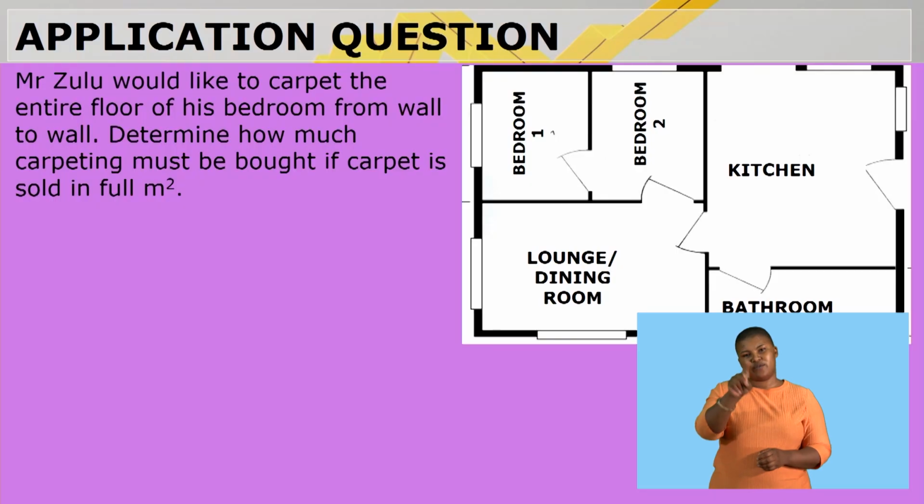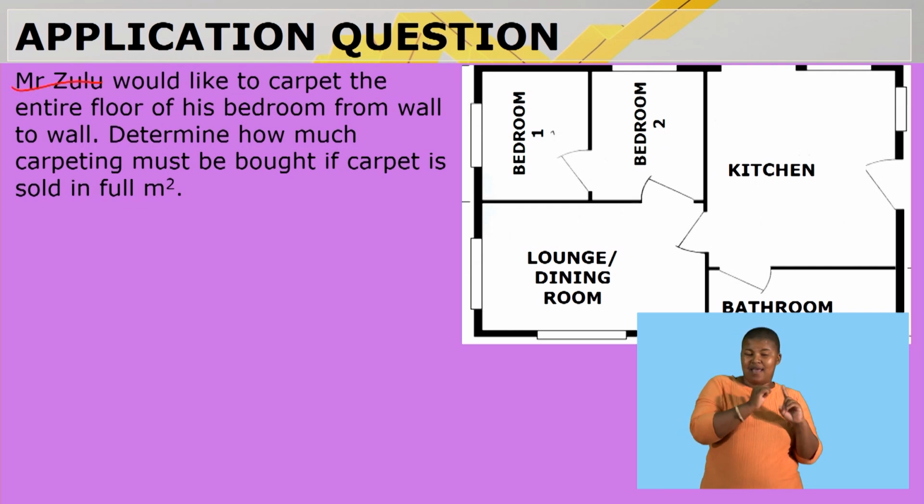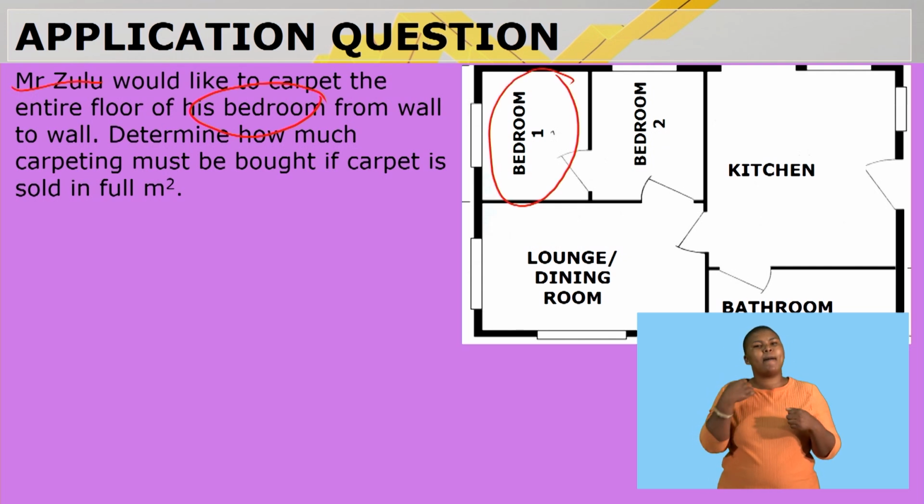Let's look at another question. Mr. Zulu would like to carpet the entire floor of his bedroom wall to wall. Determine how much carpeting must be bought if the carpet is sold in full square meters. Now remember, because it's his house and he wants to carpet the entire floor of his bedroom, it's always going to be the master bedroom, so it's bedroom 1.